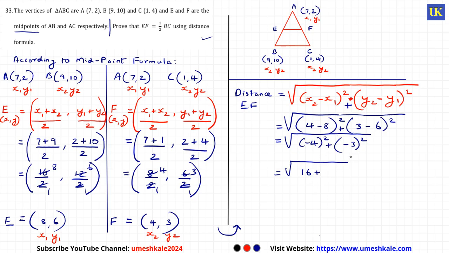Plus 3 threes are 9, and 16 plus 9 is 25, and the root of 25 is 5. So the distance of EF is 5. Now on the next page we will find the distance for BC.